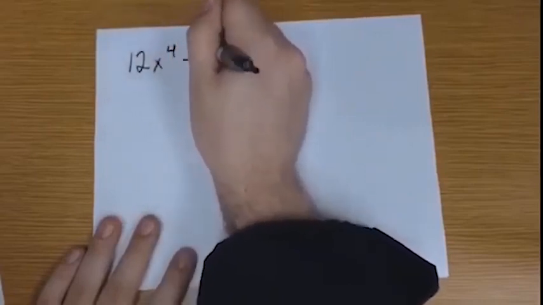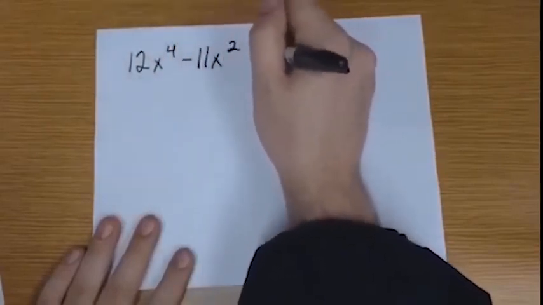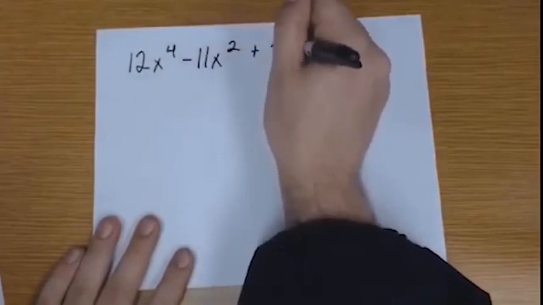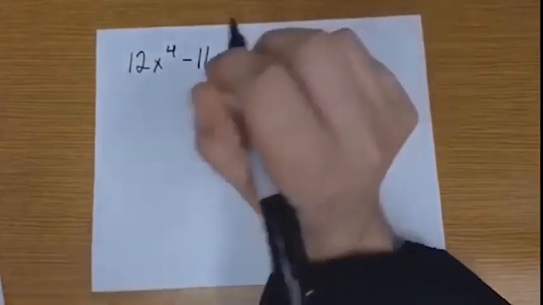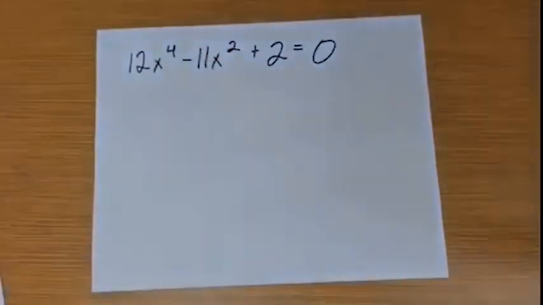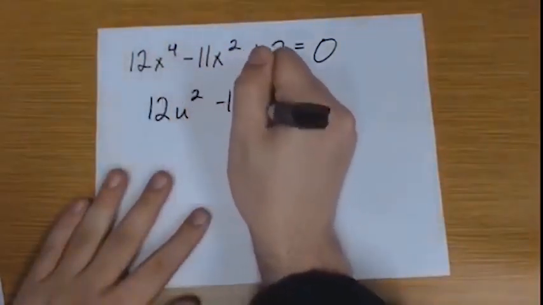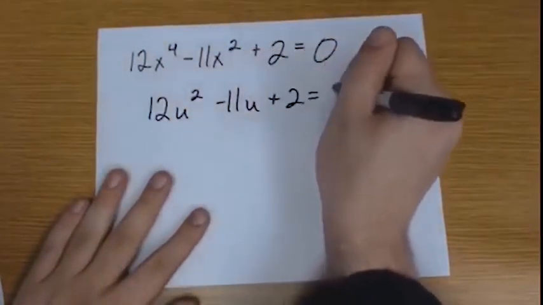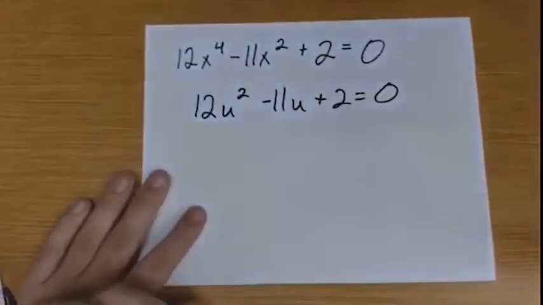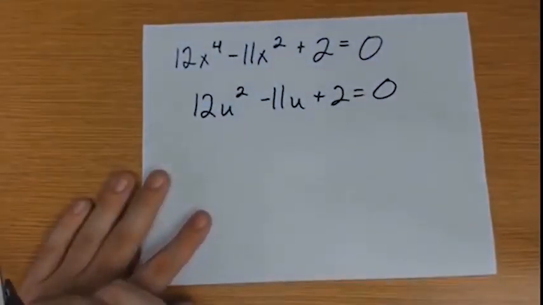12x to the 4th minus 11x squared plus 2 equals 0. Let's be very careful. We would like this to be 12u squared minus 11u plus 2 equals 0, so that it's in our general form for a quadratic.